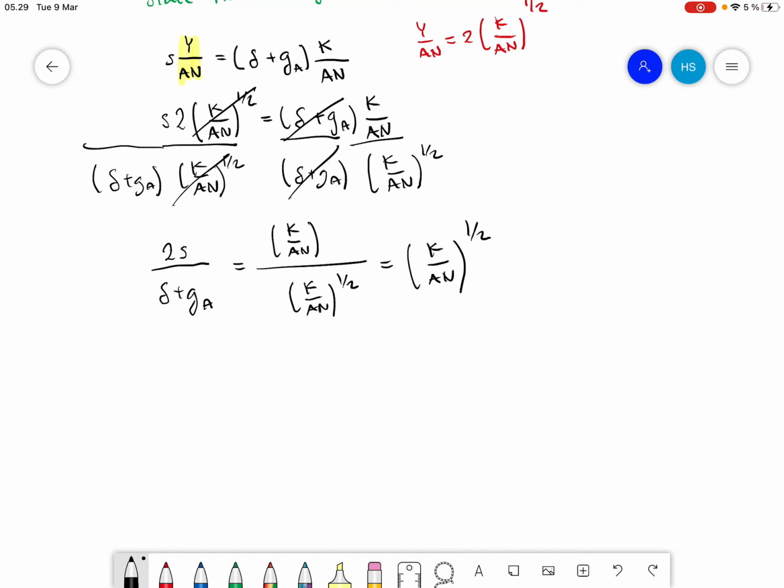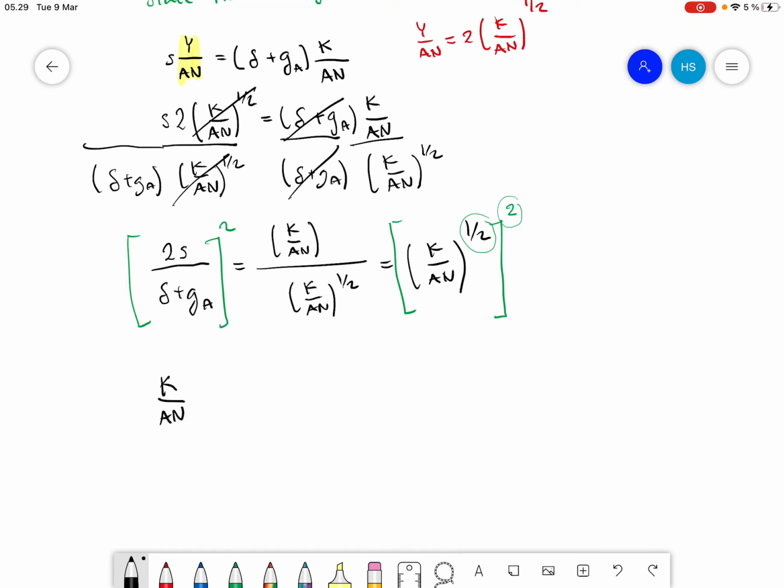So how do I solve for the balanced growth value of capital per effective worker? Well, I raise both the right hand side and the left hand side to the power of 2. If we do so, we get 2 times 1/2, which is just a 1.